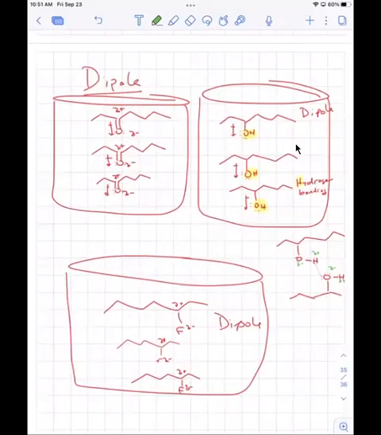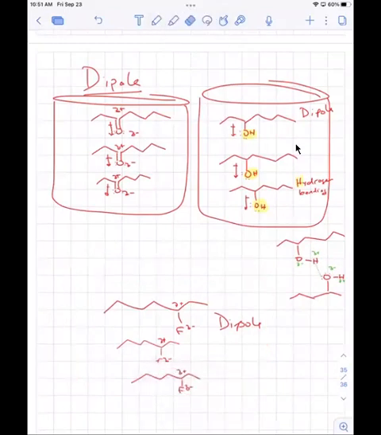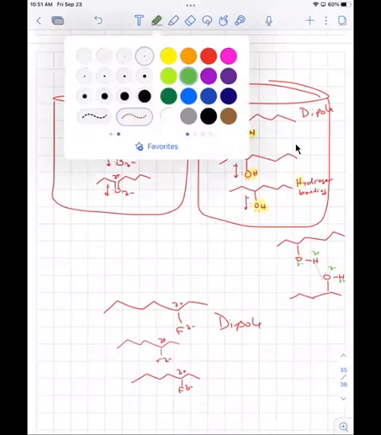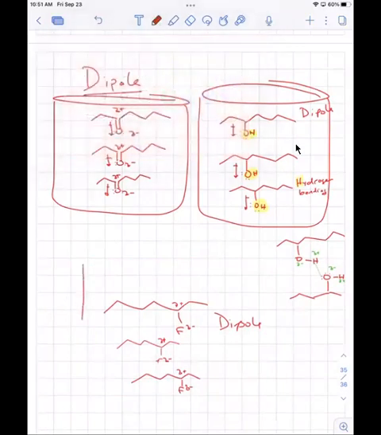So if you had to, without knowing the boiling point, if you had to determine or estimate which one is going to have a higher melting point, or take more energy to pull apart to go from a solid to a liquid, which one would you pick? The one with the hydrogen bonding.